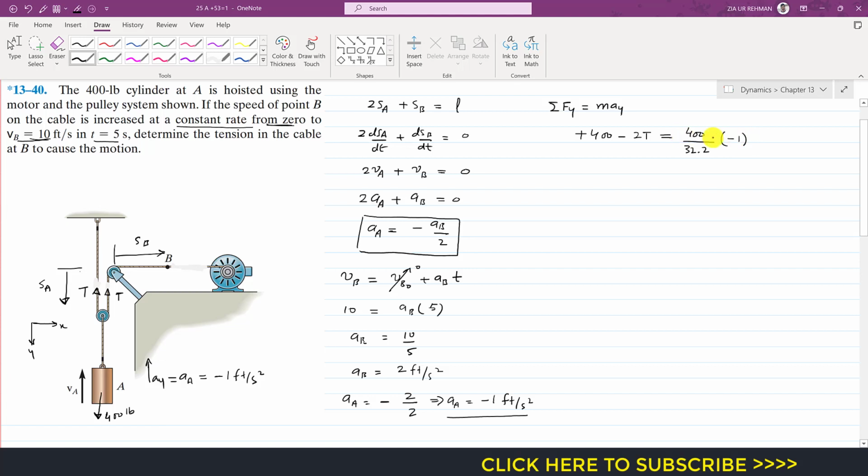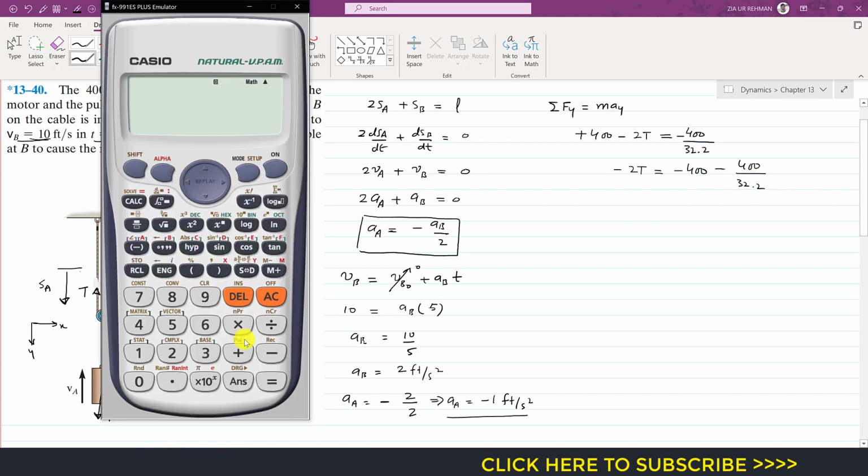Multiplying by minus 1, this is minus 400 divided by 32.2. Now we have minus 2T. If I bring this to the other side, it becomes negative: minus 400 minus 400 divided by 32.2.